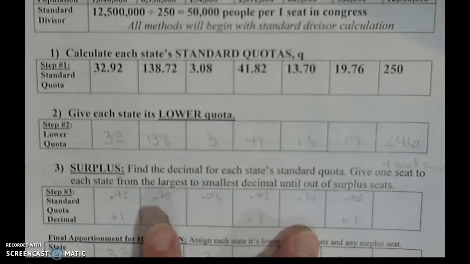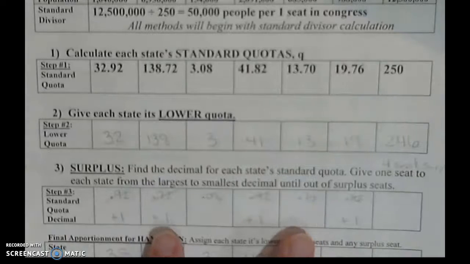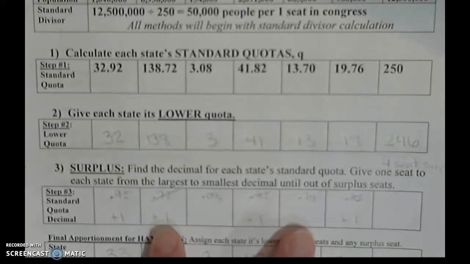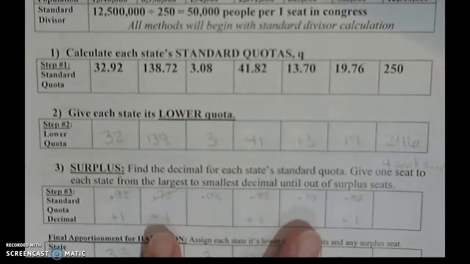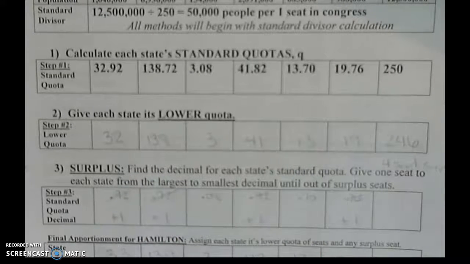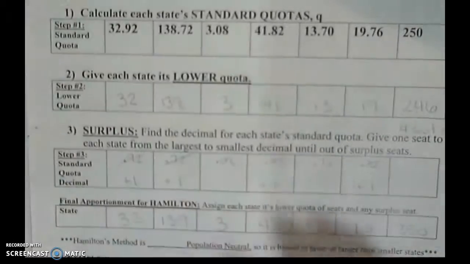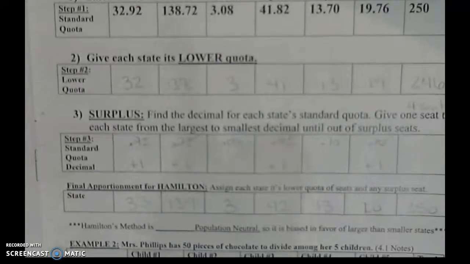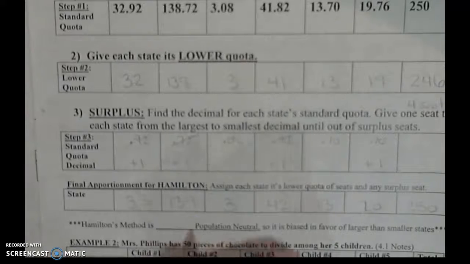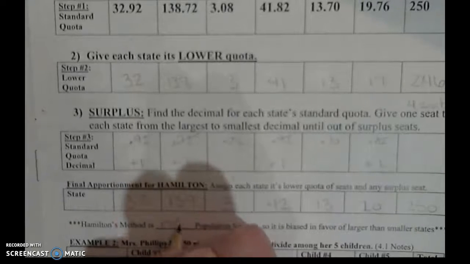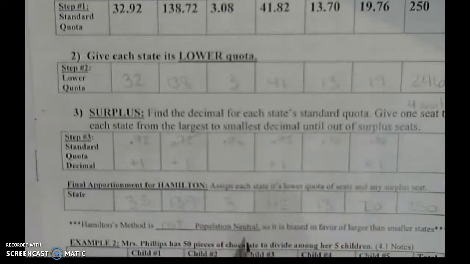So there are some discrepancies with the Hamilton method, and we'll talk about those as we go further in this lesson. But those are just some things to talk about. So when we get down here, it asks, Hamilton's method is not population neutral.